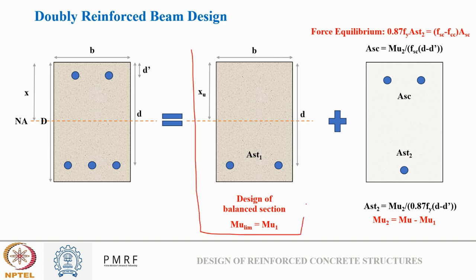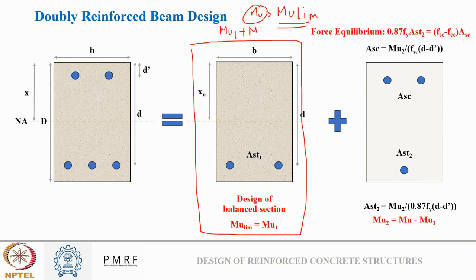singly reinforced beam. We know Mu is greater than Mu limiting when we design a doubly reinforced beam. So what we do, we first take that part of Mu which is equal to Mu limiting. Mu can be written as Mu1 plus Mu2, where Mu1 is equal to Mu limiting and Mu2 is the extra moment that is acting on the beam.